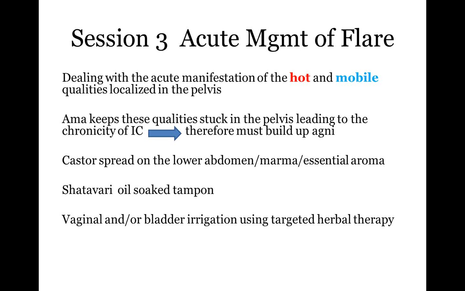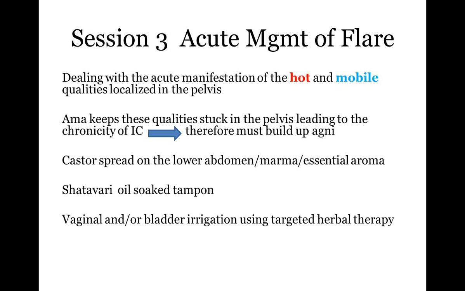We also said that Ama becomes involved because these qualities get locked up in the pelvis because of this material that prevents the qualities from leaving. And this hence harks back to the fact that if we don't have a strong Agni, what may happen for us is that this Ama causes the qualities of hot and mobile to get stuck in the pelvis.